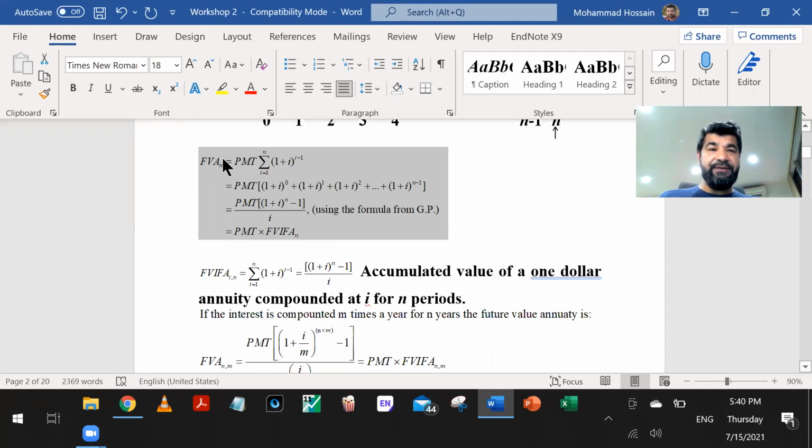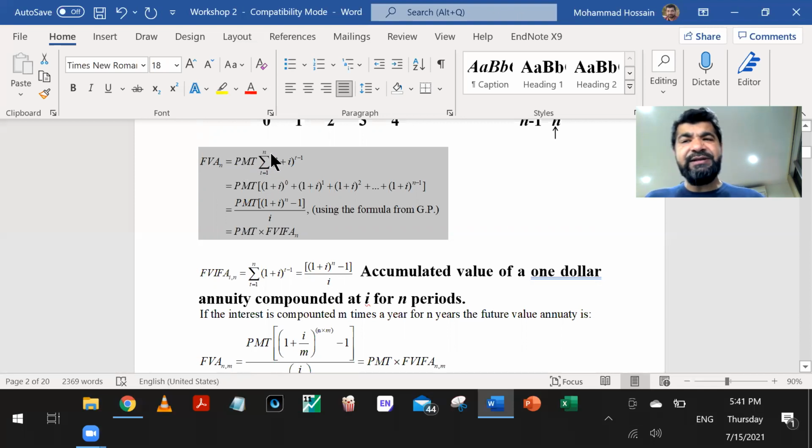The future value of an annuity is equal to the payment multiplied by the summation of (1 plus i) to the power t minus 1, where i is the interest rate, n is the number of periods, and t runs from 1 to n, the number of times you make the payment.